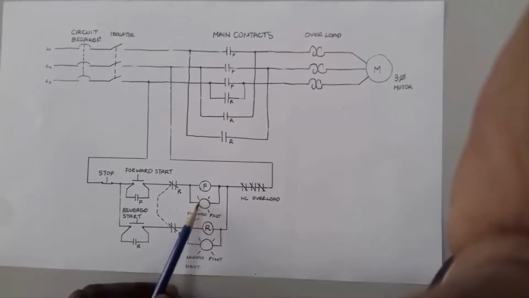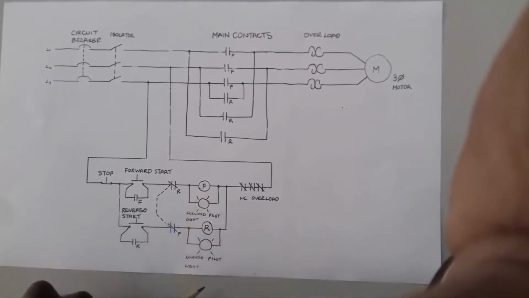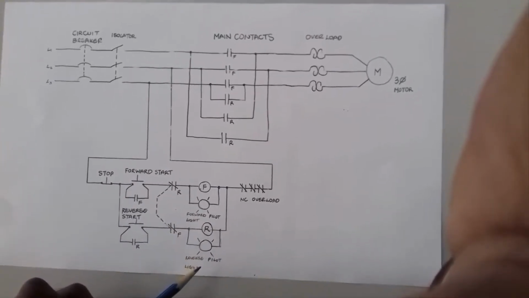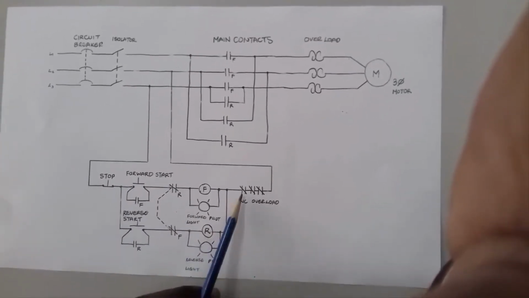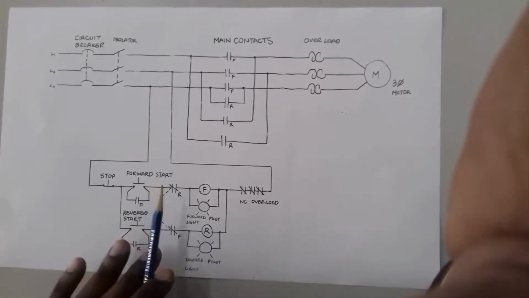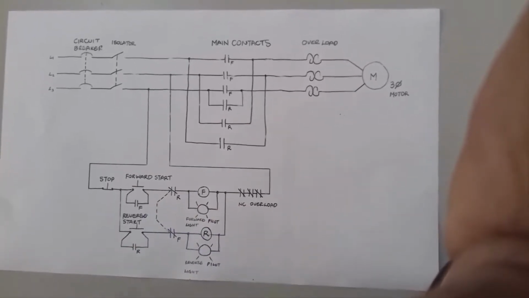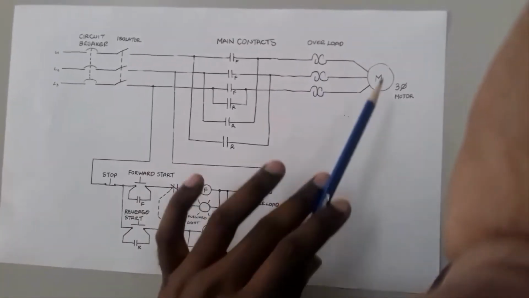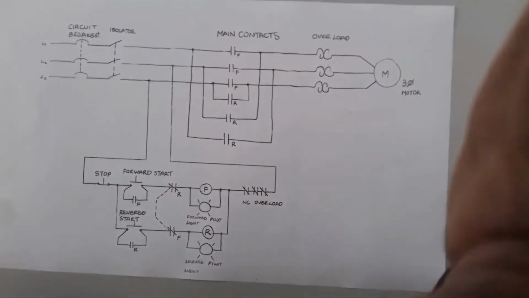We have a pilot light that is in parallel with our forward contactor coil that will indicate when the motor is running in a forward direction, and we have our normally closed overload that will open the control circuit if there is overcurrent going through the motor, and so protect the motor from damage.